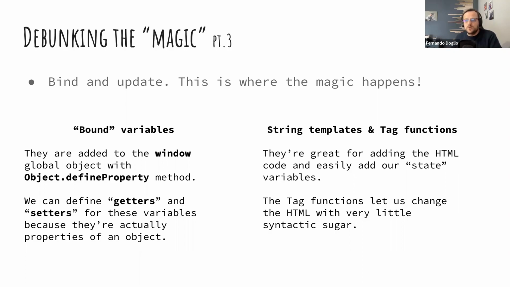But if you combine it with tag functions, those template strings gain a lot more power, because the tag function is a special type of function that will capture both the HTML and the variables in a separate way, and it will give you a chance to transform that string, in our case HTML, into something else. And that is where we'll create that target for sending the value of the bound variable.